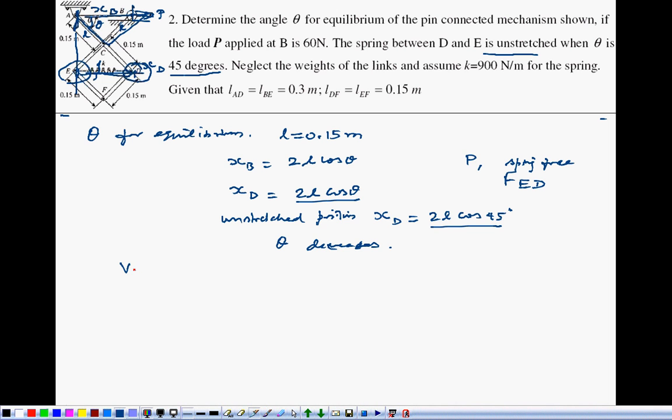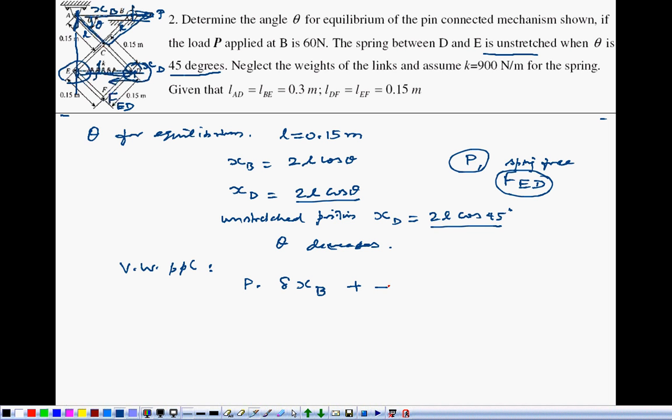Now if we have to write the virtual work principle, we have one term associated with P, the other associated with FED. So P times delta XB plus, you have this spring force acting like this, which is equal to FED, right?